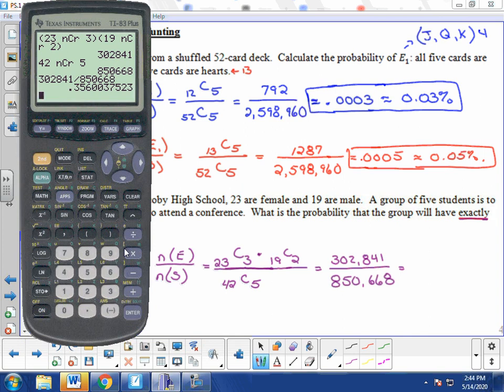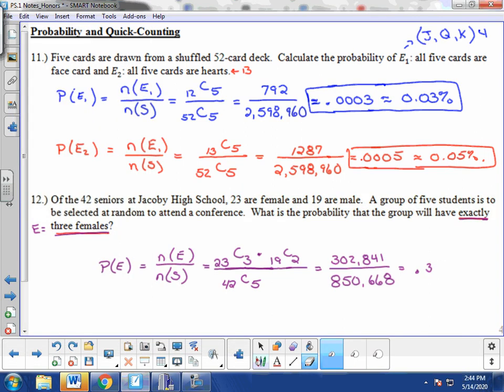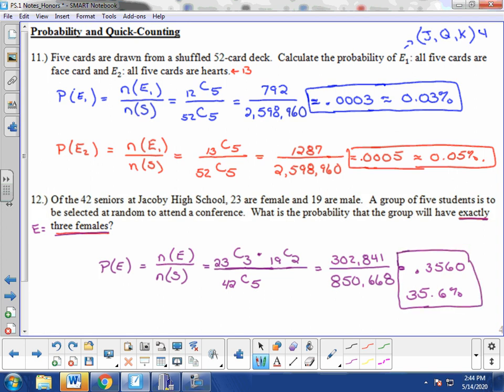And this would give us roughly 0.3560, or approximately 0.3560. So we have a 35.6% chance of drawing exactly 3 females, which would be 3 females and then 2 males. So if we have different options that come together in our event, we do have to multiply those together.